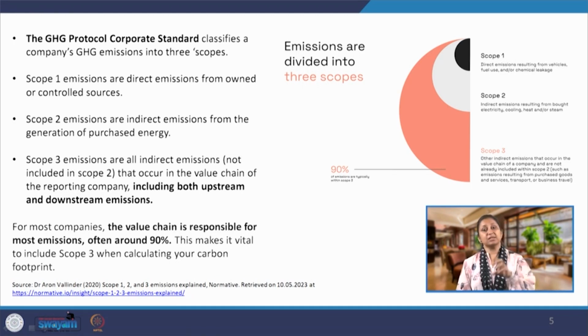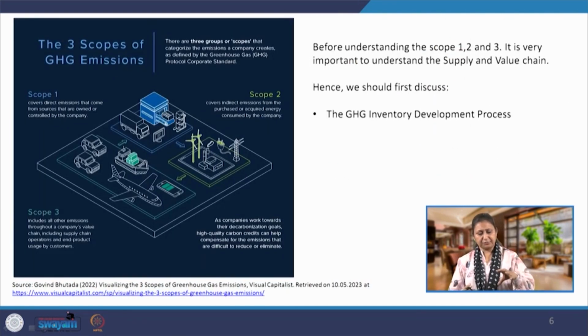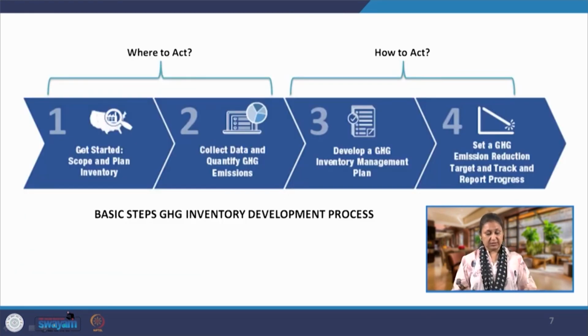Scope 2 is the indirect emission resulting from purchased energy, and the rest of the indirect emissions we put in scope 3, both for downstream and upstream operations in the value chain of the company. With this we have to clearly understand how we actually develop the GHG inventory, and for that we have to see what the boundary is.